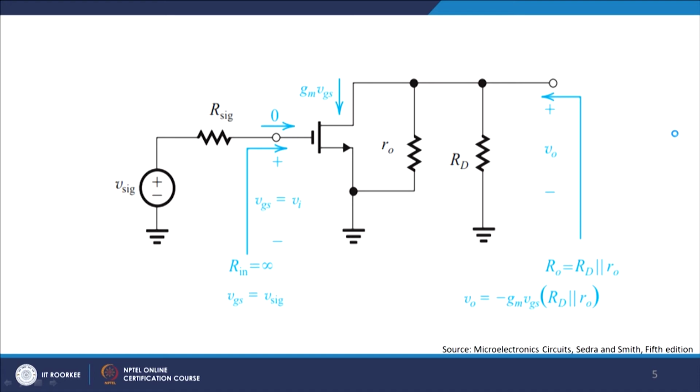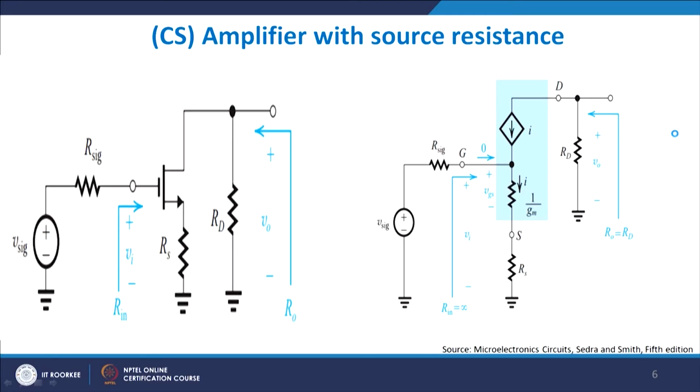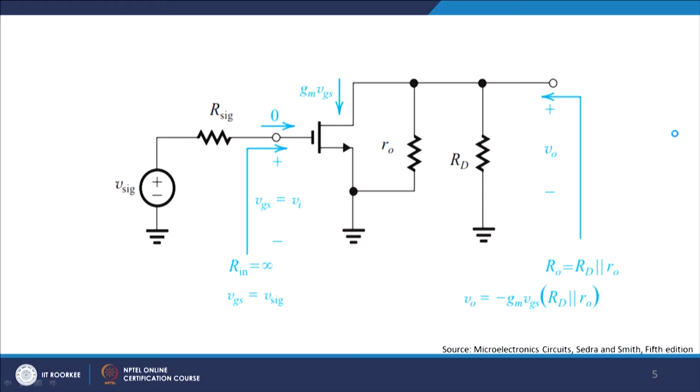Let me discuss the previous point. You see VGS equals VI, so Rin equals infinity, and therefore I get VGS equals V signal. Drain current is nothing but GM times VGS.